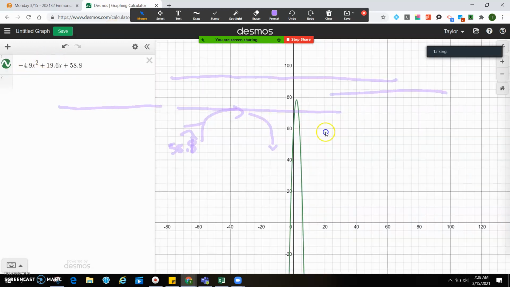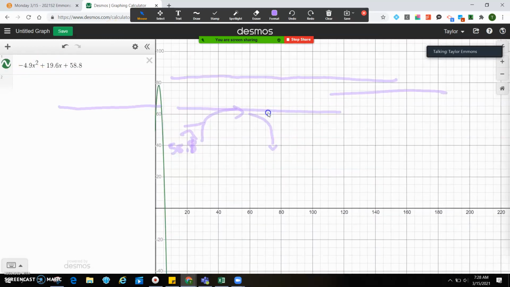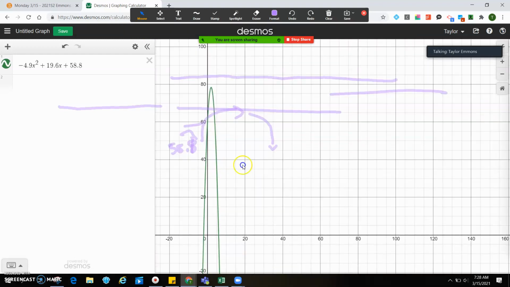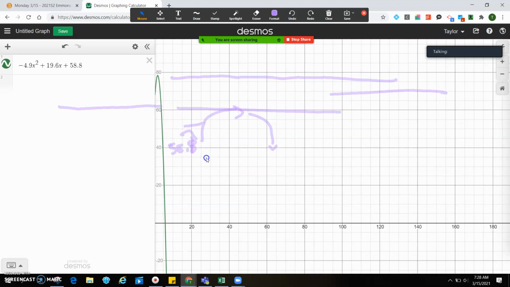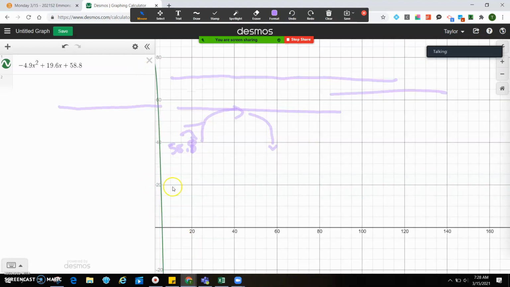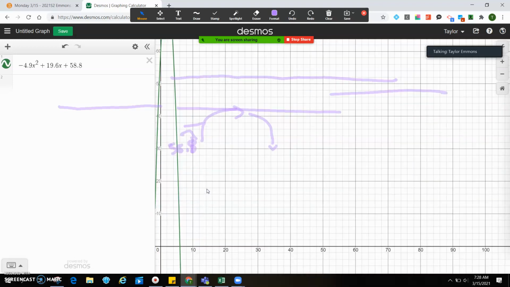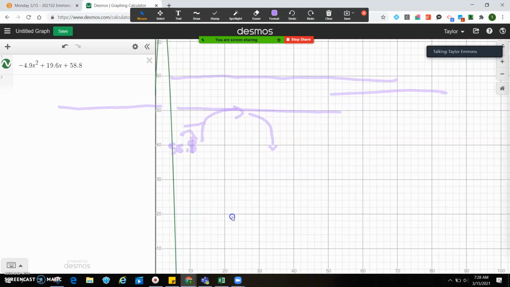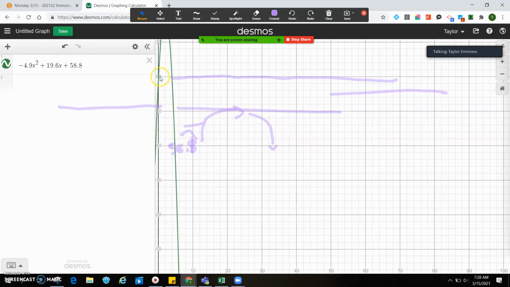Okay? Now, of course, this is a real world scenario. We always want to start here. We don't want to have anything that was negative on the left-hand side or the right, or on the bottom, right? So we can actually zoom in and make this realistic. Okay, notice how it crosses the y-axis at 58.8.